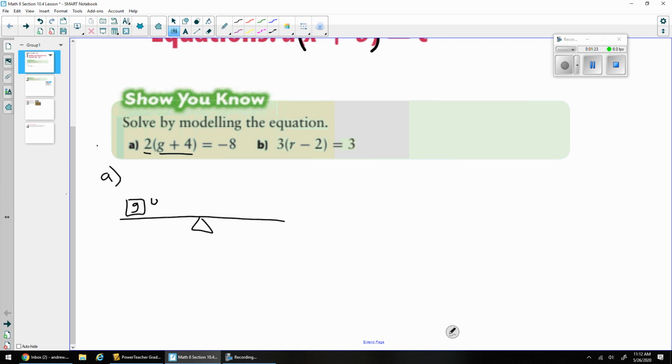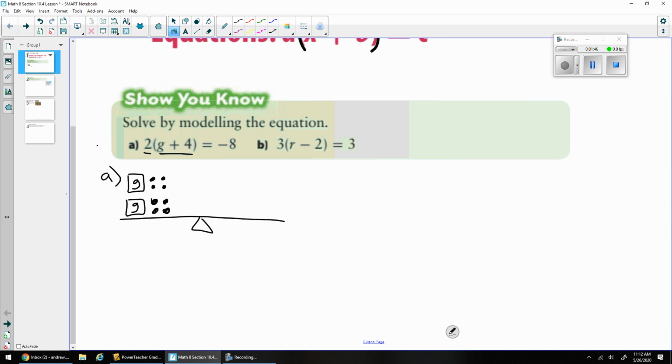And I have 4 beside it, so I'm just going to do 4 counters, 2, 3, 4. So that would be 1 g plus 4, but I have 2 of them, so I'd have my other g plus 4. Okay, so here I have my 2 g's and my 2 plus 4's.